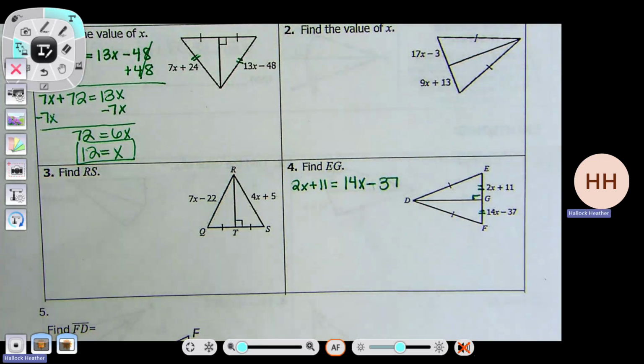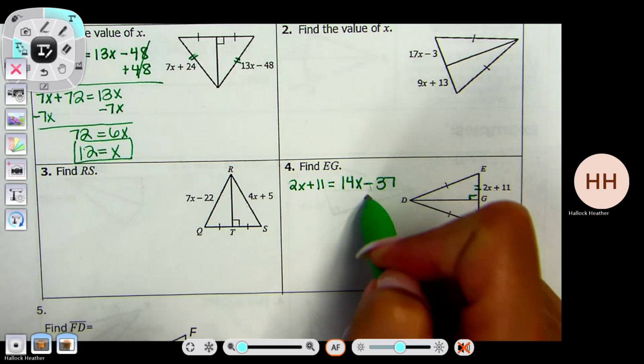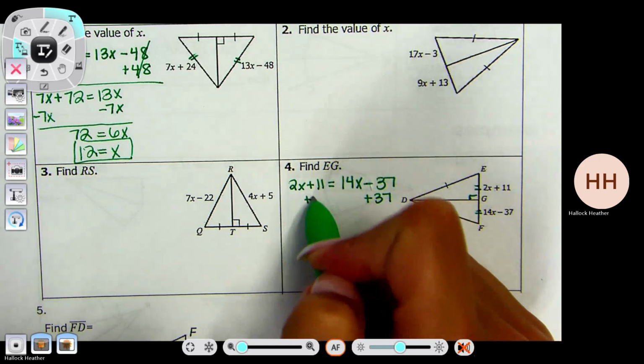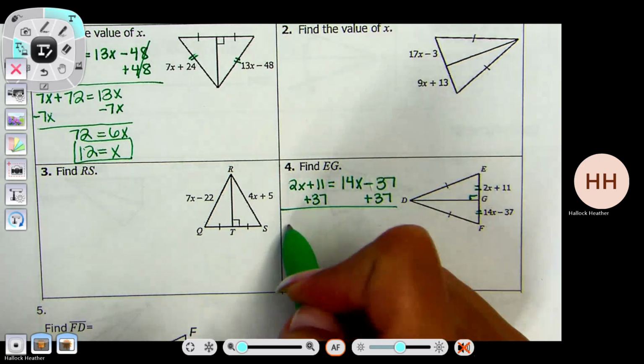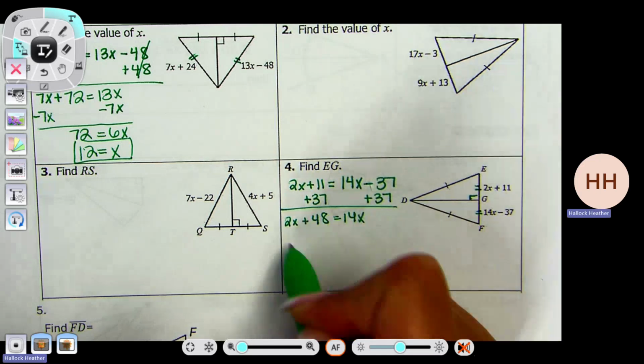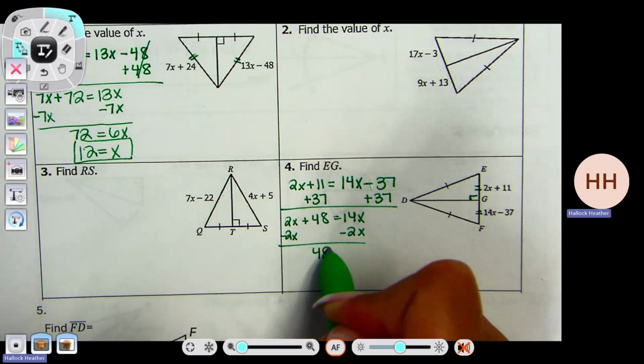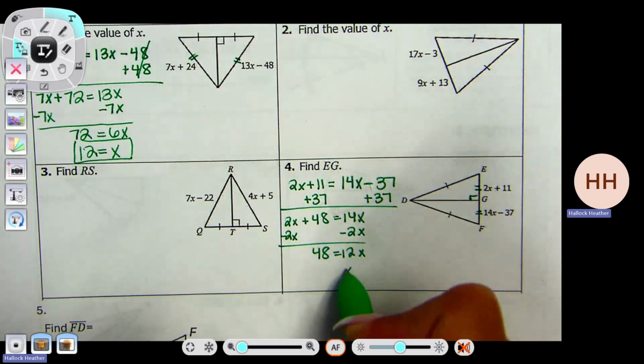When you solve for x, what do we get? 4. Because you got to plug it back in. So you get 48 equals 12x, so x equals 4.